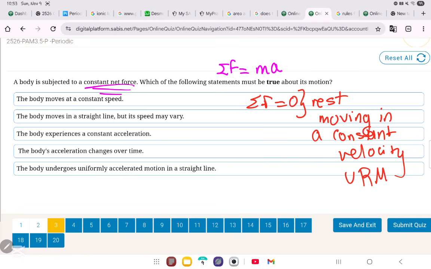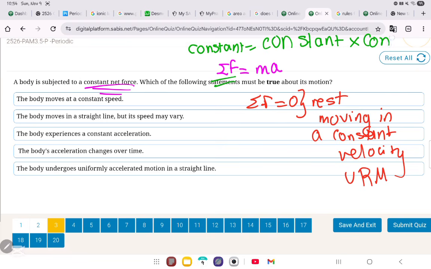What does this mean? First of all, the net force is a constant value. So we can write constant. And no matter what we do, we increase the force, decrease the force, increase the acceleration, decrease the acceleration, the mass is always going to stay the same. So mass from the beginning is a constant value. Now what's left is to determine the acceleration. Constant equals constant times what? Times constant.